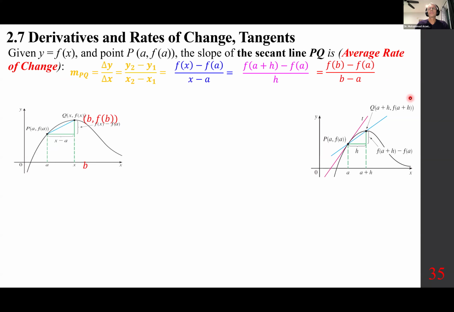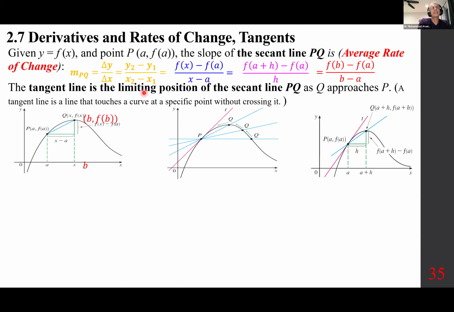This blue line that connects 2 points of the graph is called the secant line, PQ. Now, as we move Q towards P and get closer and closer, eventually it gives rise to the red line, which is the tangent line.